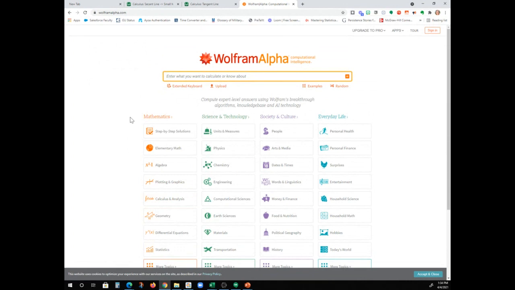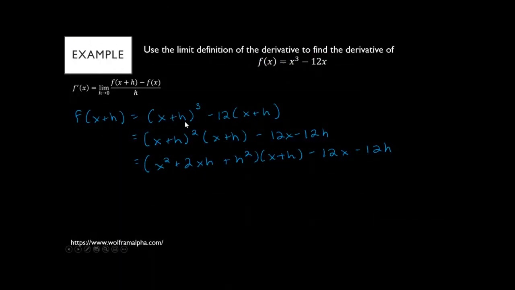And it won't actually show you the steps, which is great because you can't use it for cheating, but at least you can use it to do the basic algebra. I want to show you how to find this cubic thing that I have here, the x plus h cubed, so that you don't have to go through all these steps, because it's going to take a long time.